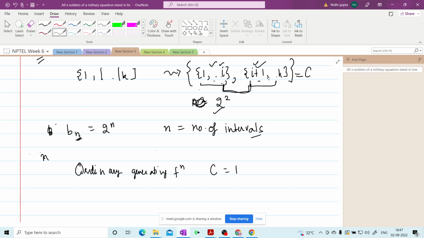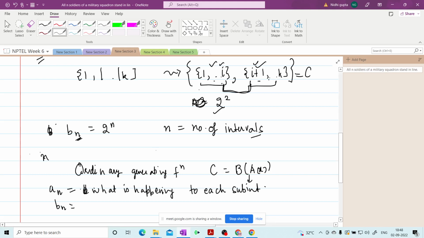So C is basically b raised to the power a(x). an is counting what is happening to each sub interval, and bn is counting what is happening to the set of intervals.